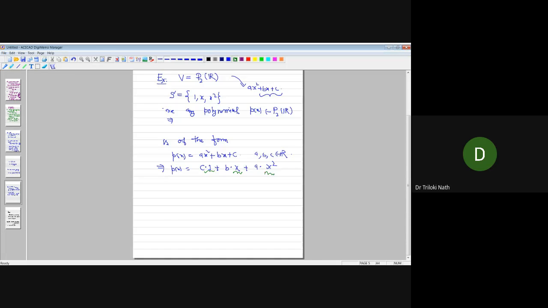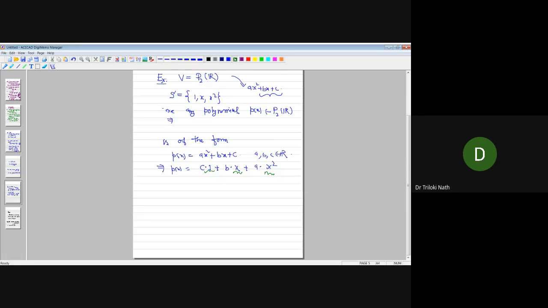So all these three are actually vectors in P2R, right? So S is a subset of P2R. 1 is the constant polynomial 1. x is a polynomial of degree 1 having just one term. x square is also a polynomial of degree 2 having just one term. So all these three are polynomials in P2R. So this is a subset of P2R.